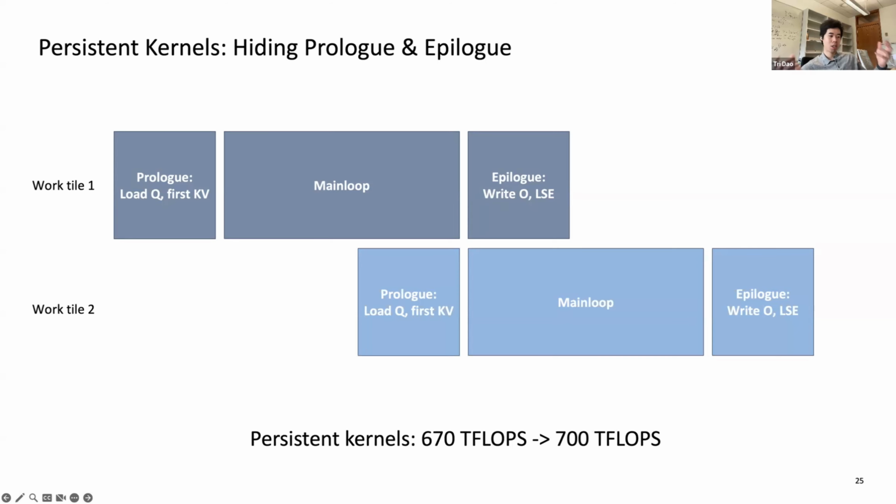Similarly for attention, we want to pipeline the load of the K and the V for the next attention tile. But there are also a bunch of other things, like the prologue, epilogue and the softmax, that you really want to hide or overlap with the tensor cores.